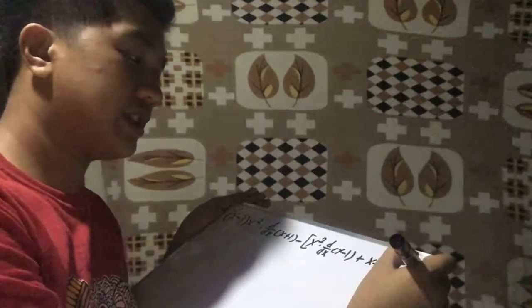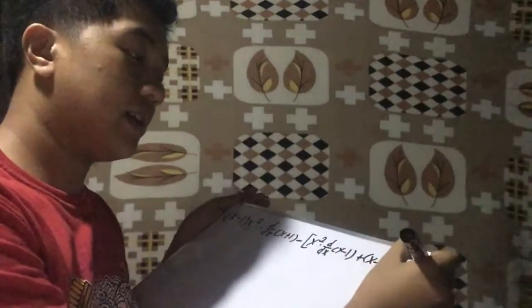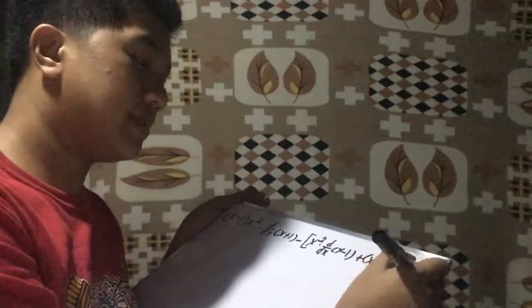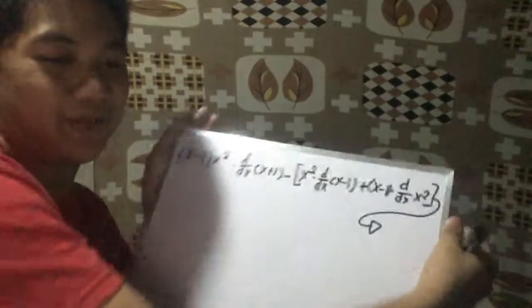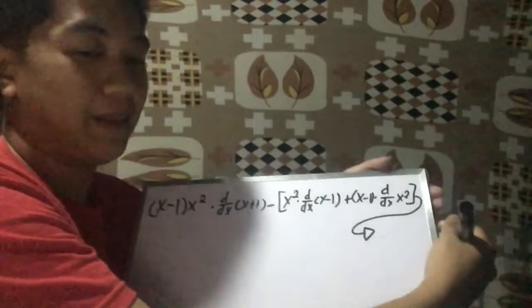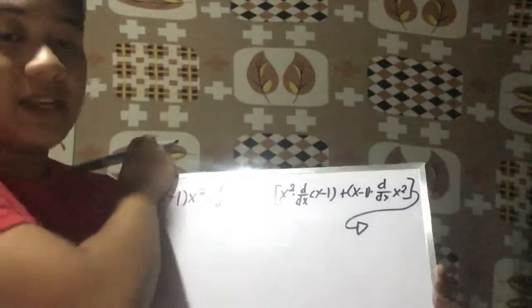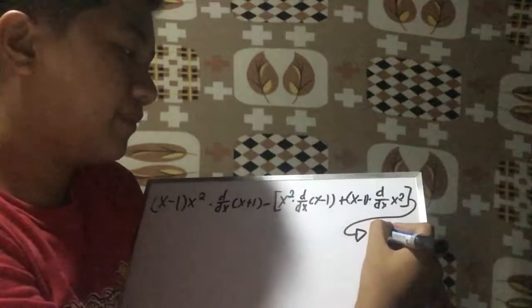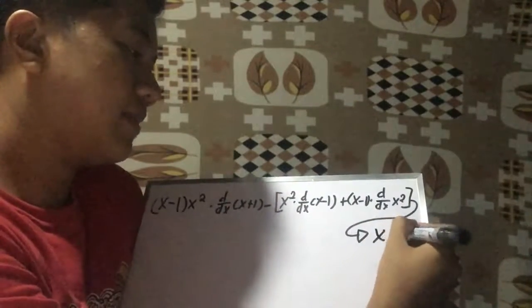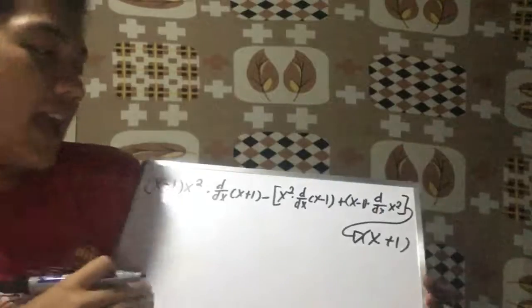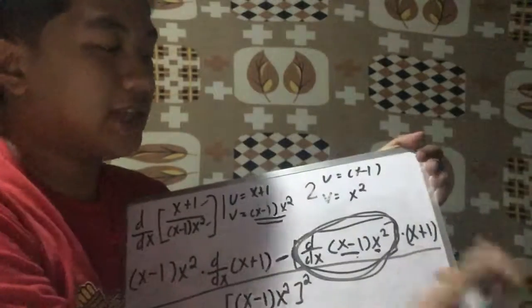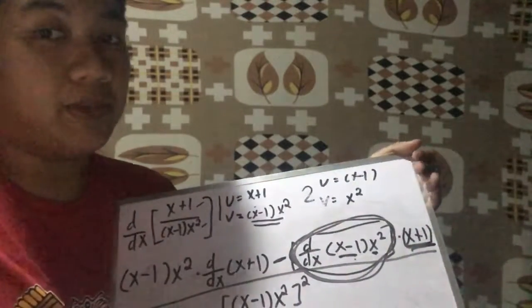So let's just put here, and this is multiplied, this is a continuation, so unfortunately it doesn't fit to the board. Multiplied by x plus 1, because as you can see the other side of the board, there is still an x plus 1 that needs to be multiplied.